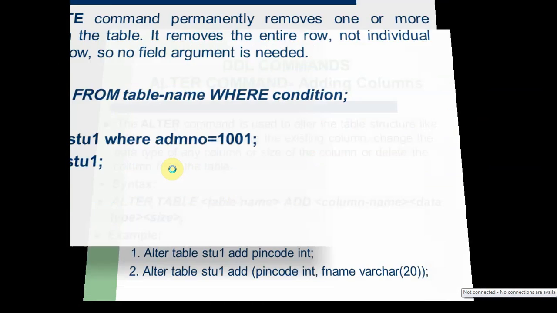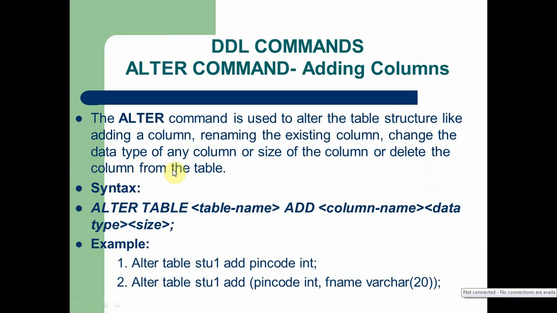Now I'm going to the next command, called DDL. DDL, data definition language, which we already learned. The command create is used to create a database as well as a table. Now there is another DDL command called alter. This command is used to change the structure of the table.